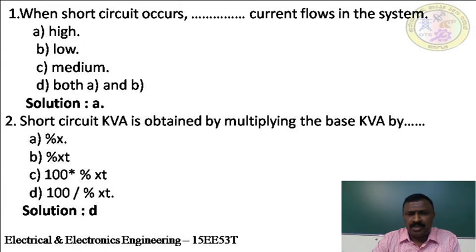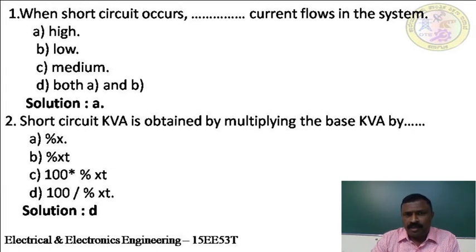Second, short circuit kVA is obtained by multiplying base kVA by dash. The options are A percentage X, B percentage XT, C 100 into percentage XT, D 100 divided by percentage XT.